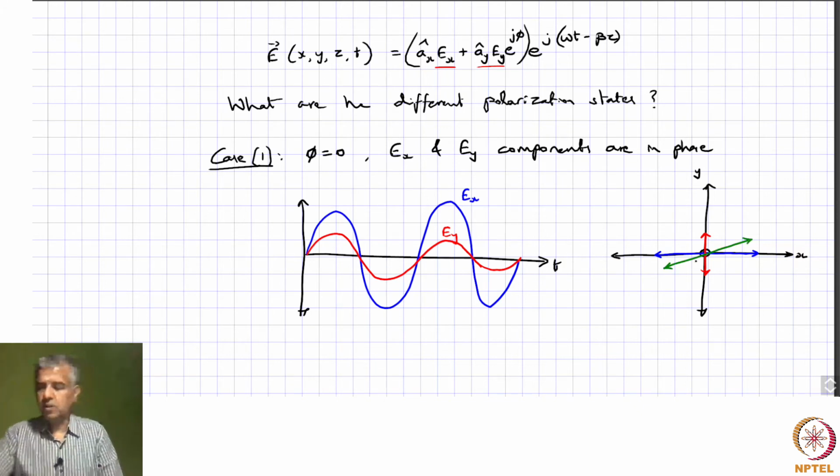So now let's look at what happens as far as your combined polarization is concerned. Once again we look at x, y and this is z. If you look at how the polarization evolves with respect to time, initially at time equal to 0, the maximum is along the y direction.